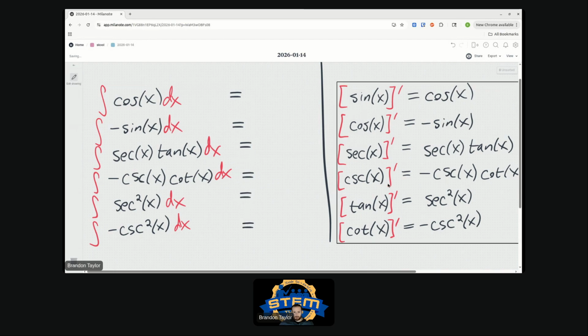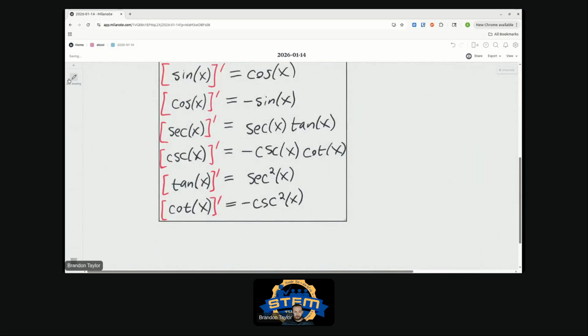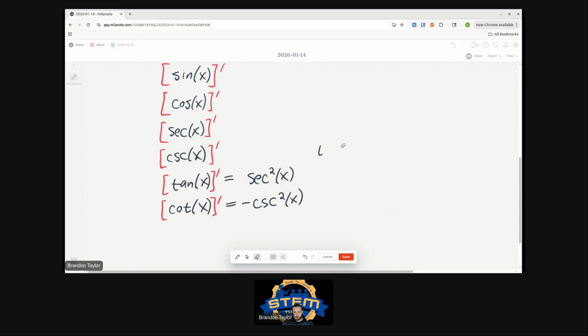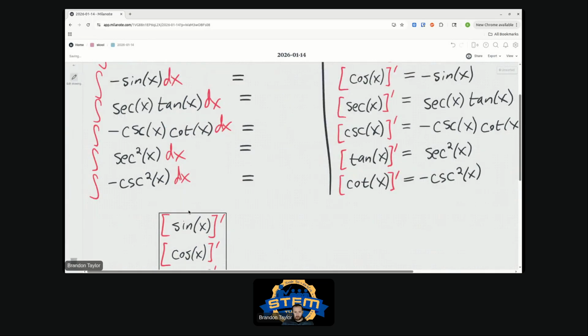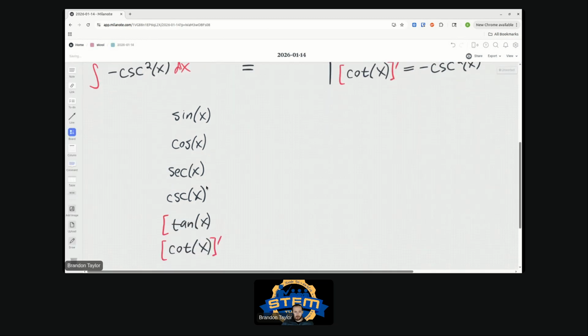I'm kind of cheating here so I have to do less writing, but my point is that everything is the opposite now. Whatever derivative rules you know, you just literally look at them backwards.